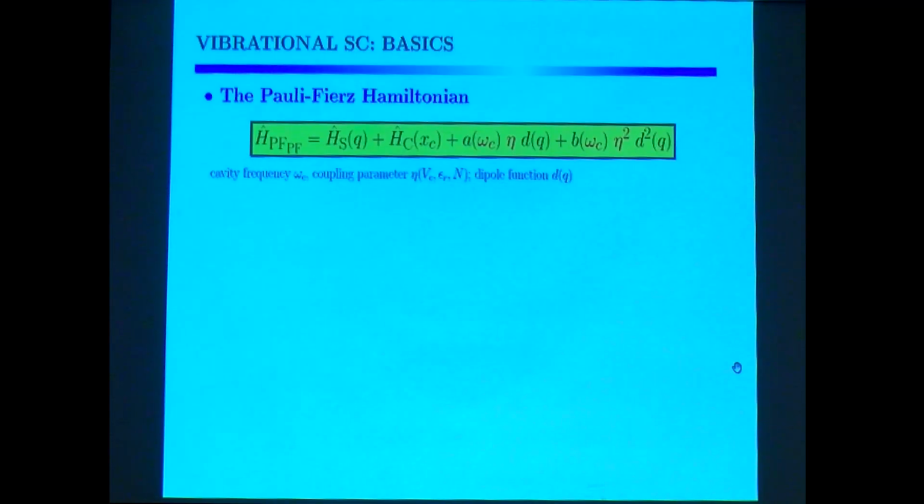And then we have the cavity part, which is a harmonic oscillator. And then we have a coupling term, which couples the dipole moment of the molecule to the quantized field of the cavity, and there's a so-called dipole self-energy term.